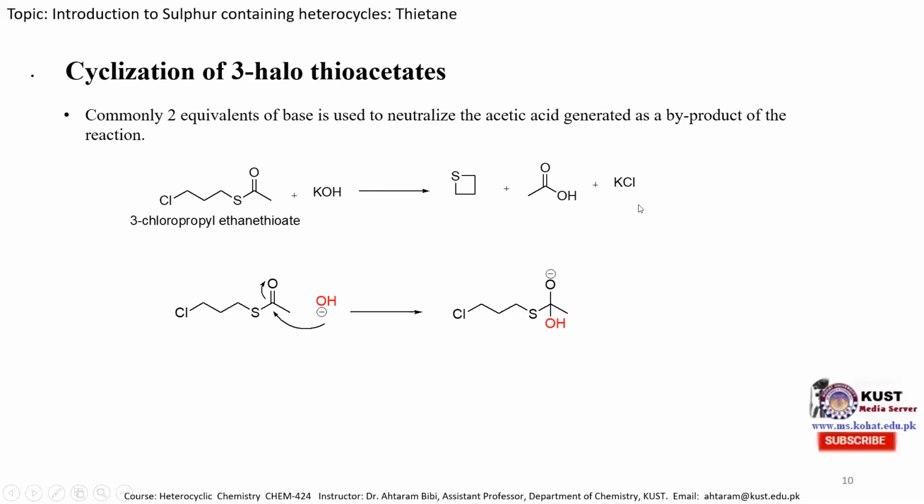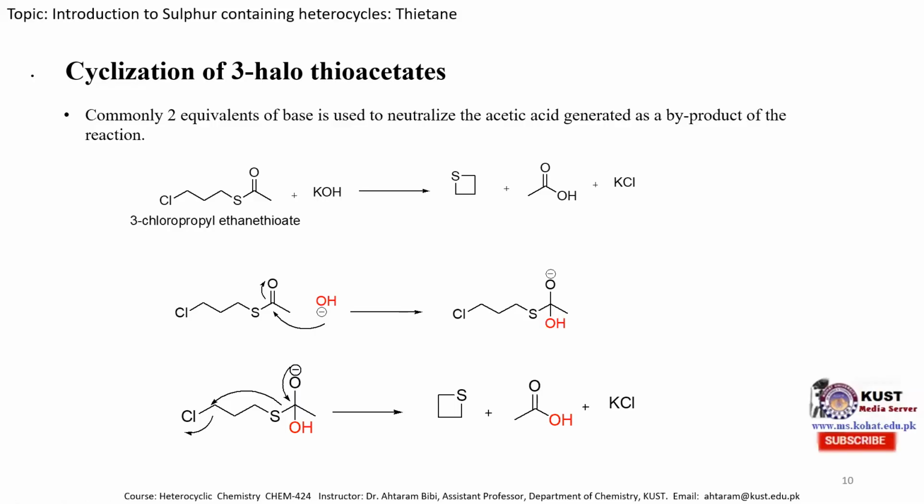The mechanism is mentioned over here that in the first step, the hydroxyl ion base is used as a nucleophile. It attacks this carbonyl carbon, and as the carbonyl carbon is electrophilic, it attacks over here and produces this intermediate species, the pi electrons shifting towards the oxygen atom. And in the next step, when it comes back, then the sulfur, this sigma electron attacks this carbon atom, releasing the chloride ion.